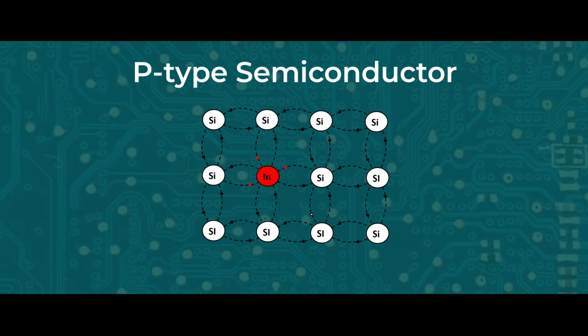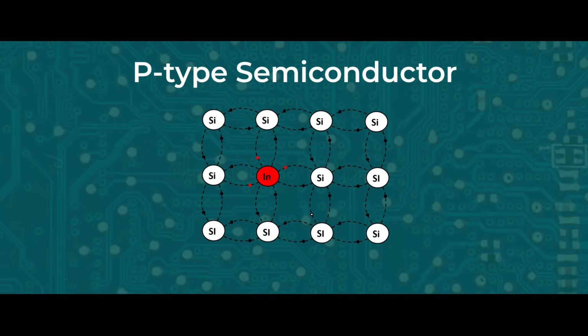So what indium does is it now takes electron from the neighboring silicon atom, and a hole is created in the neighboring silicon atom. A hole where there is shortage of electron is created in the neighboring silicon atom.